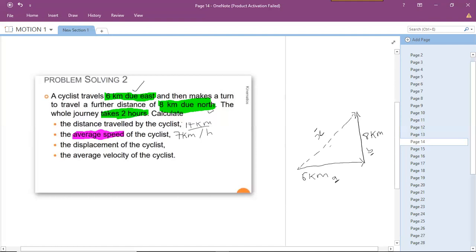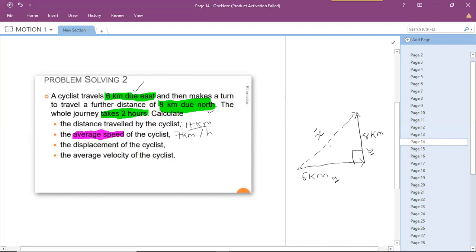No wonder the arrow there is going due east. Then we add another vector from the head of this vector going north, 8 kilometers due north, and they meet at a 90-degree angle like so. Then the resultant vector will start from the tail of the first vector to the head of the second vector.